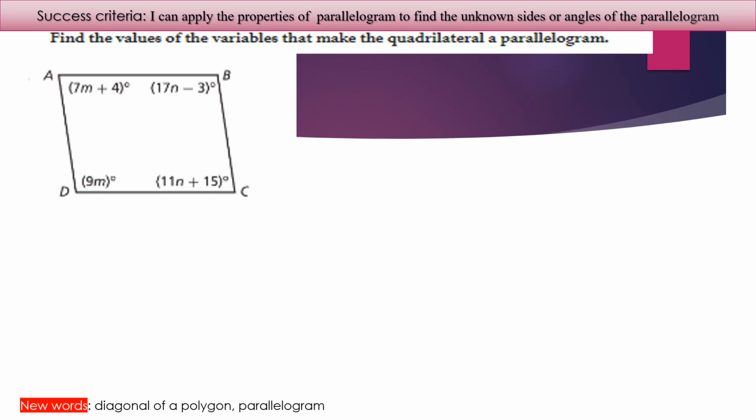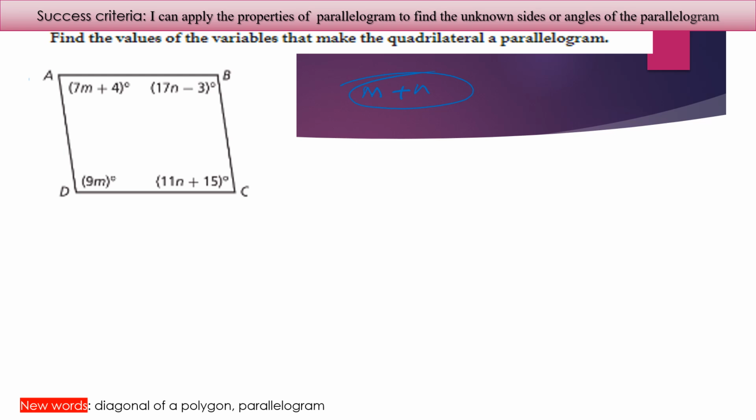Next question, find the unknown variables. So now look here, I cannot add any grade 7. If you take a look at this, m plus n, if it's written, I cannot add them.